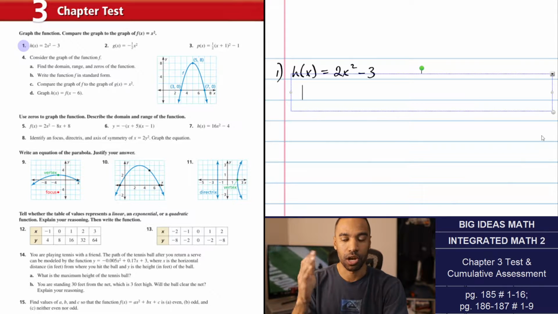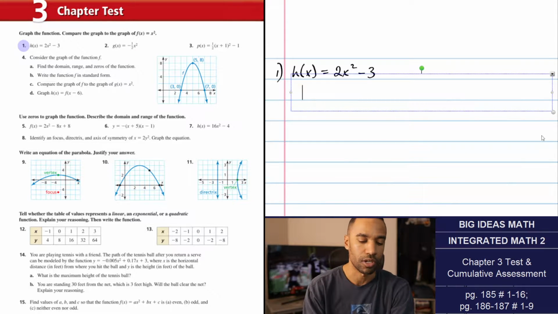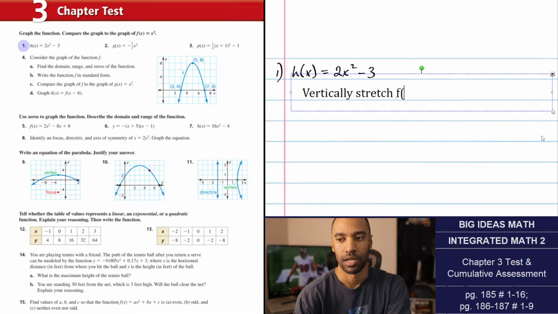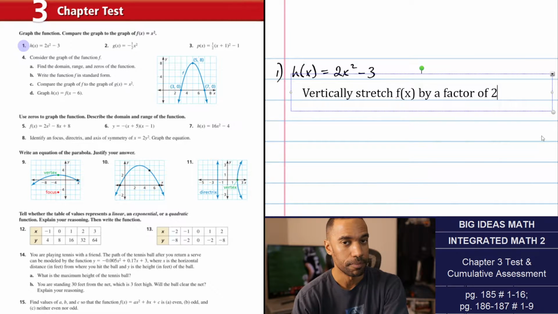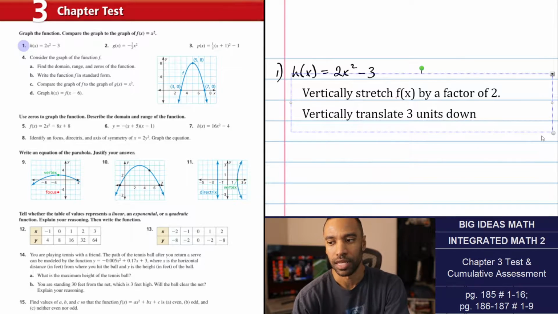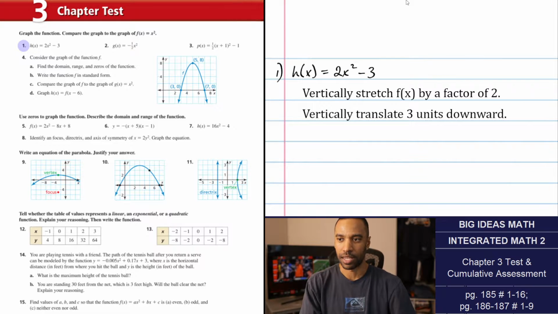The book just calls this merely a vertical translation, but there's also a stretch. So you vertically stretch f of x by a factor of 2. Everything's going to be twice as big. And you also vertically translate 3 units downward. The negative 3 is what's going to do that.